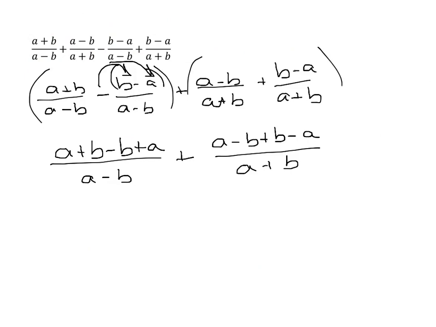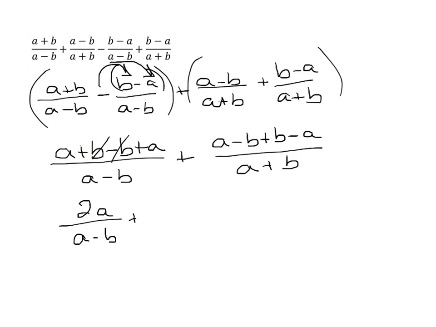So positive b minus b is equal to 0. A plus a is 2a. Negative b and positive b is equal to 0. Positive a and negative a are also equal to 0. So your numerator here is 0. And 0 over anything is just 0, which means your answer is this.